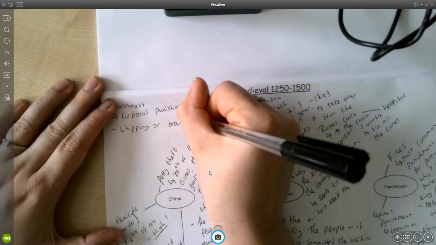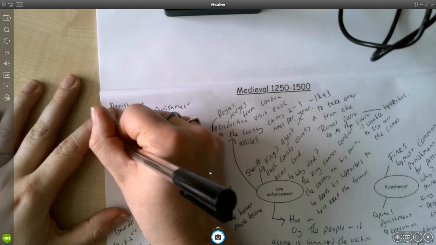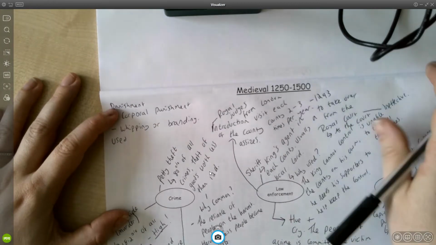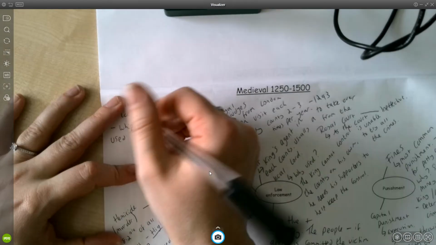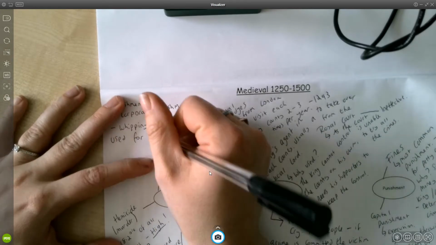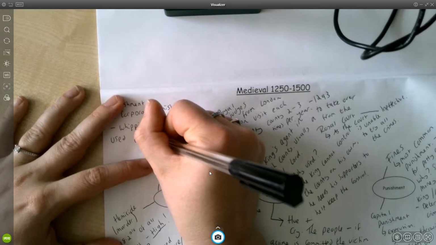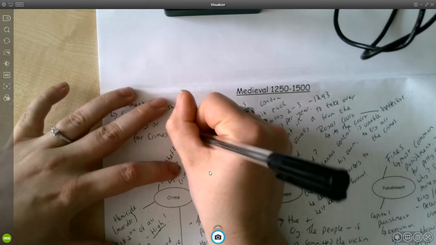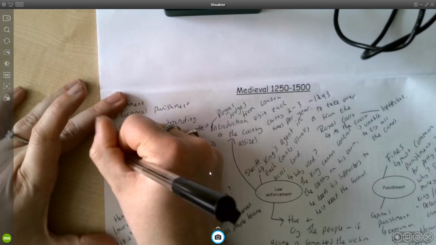This punishment is often used for crimes that have offended the local community. So, for example, selling underweight bread or something like gone off ale. So, used for crimes that affect the local community.